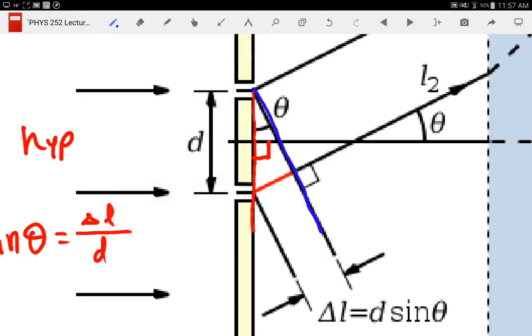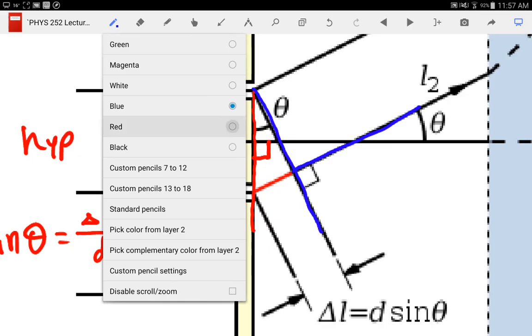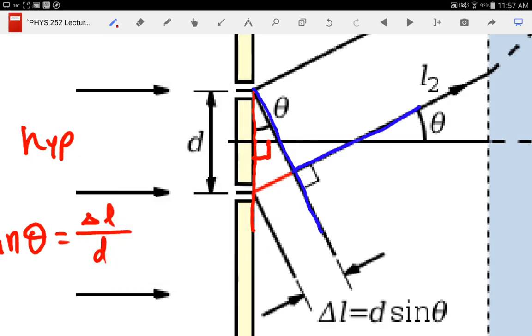Now if I take a perpendicular to the blue, there's perpendicular to the blue. And if I take a perpendicular to the red, here's perpendicular to the red. And so this blue and this red are perpendicular to this blue and this red, hence the angles between them have to be the same.